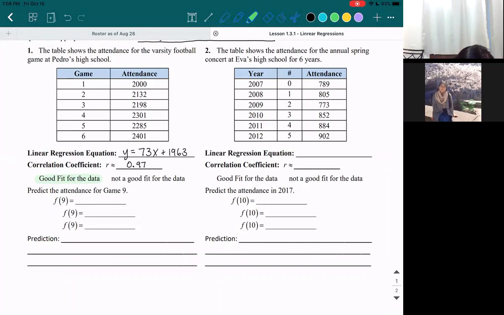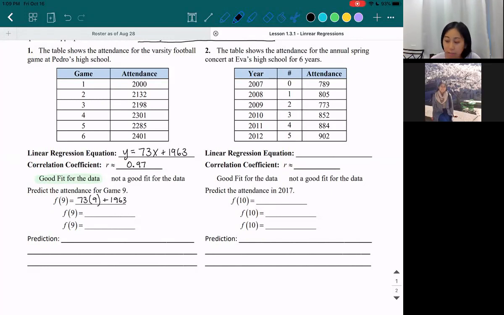Okay, then over here, it says predict the attendance for game 9. Look how it says f of 9. That means we need to plug in the number 9 into our equation. So in our y equals 73x plus 1963, I'm going to write 73 times 9 plus 1963 instead of x. And then we're going to use PEMDAS.